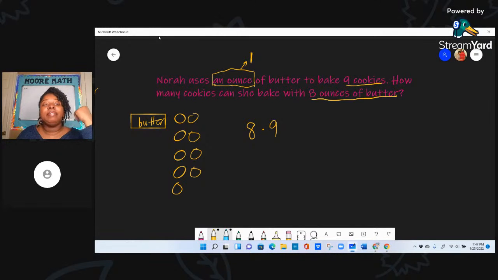If I have 8 of these butters, we're going to do 8 times 9, which is, what's 8 times 9? You have it, Isaiah. What's 8 times 9?